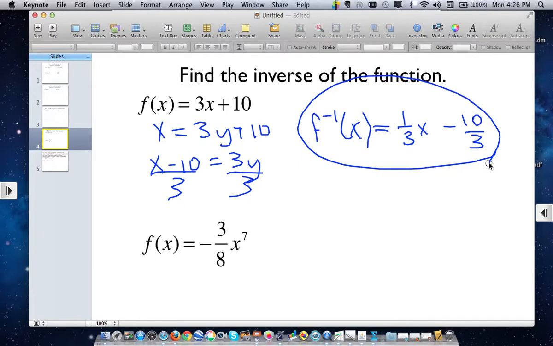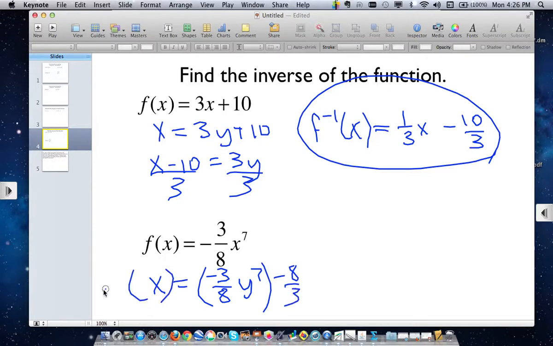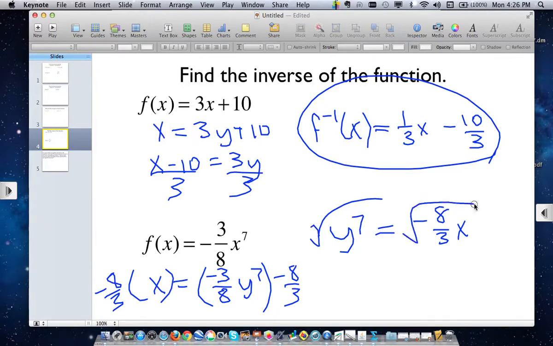All right, for our next one, we have x is equal to negative 3/8 y to the 7th. So we're going to multiply by negative 8/3 on both sides. So now we have negative 8/3 x is equal to y to the 7th. And here you could either multiply by the exponent of 1/7, or you could just take the 7th root.